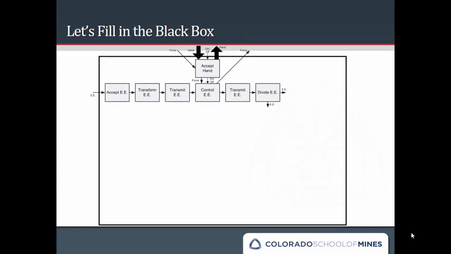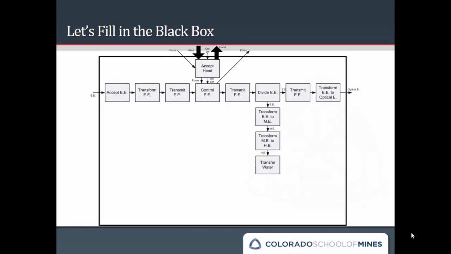Once the system has been turned on, then we want to transmit that energy, divide it up into a number of places within the system, and transmit it to a spot where we're going to be able to transform that energy from electrical energy to optical energy. Obviously the system has some lights as part of it.